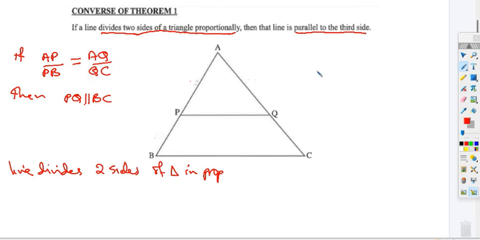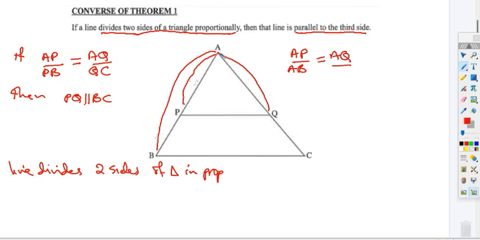You could also have those other combinations, like AP, that is AP here, over the whole side AB, is equal to this smaller side AQ over the whole side AC. And you can turn this upside down to be AB over AP is equal to AC over AQ. The theorem still holds for that one also.